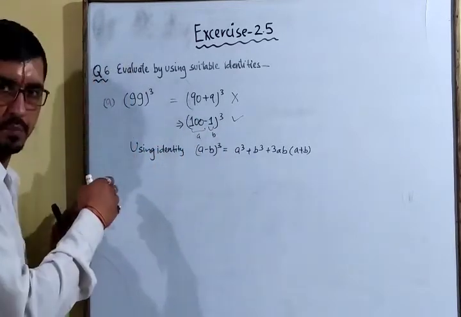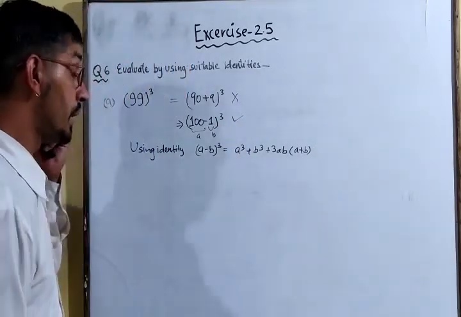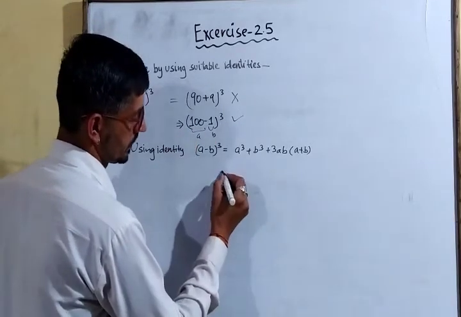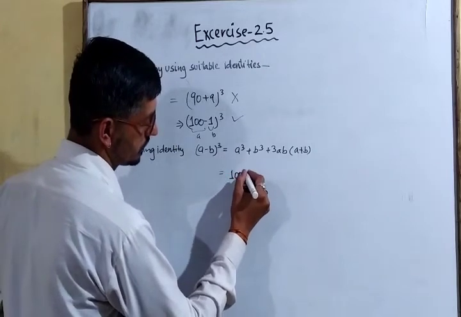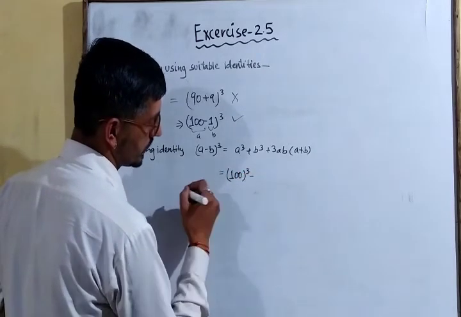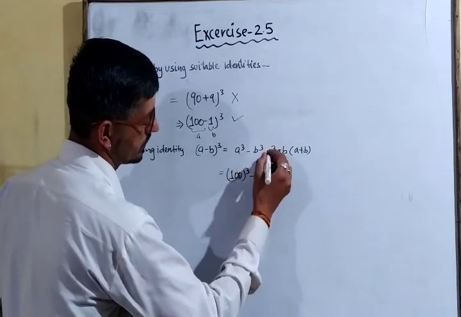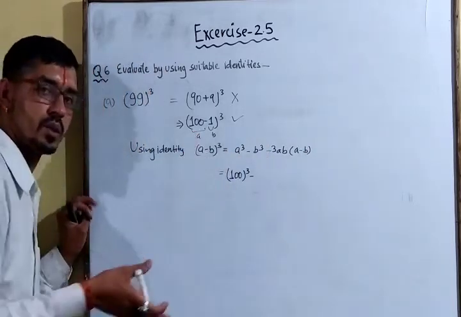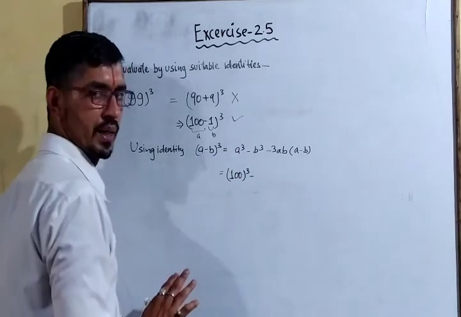I am doing the first part, the second and third part you have to do yourself. Earlier the formula was with plus, so if it is minus here you will place minus in all.